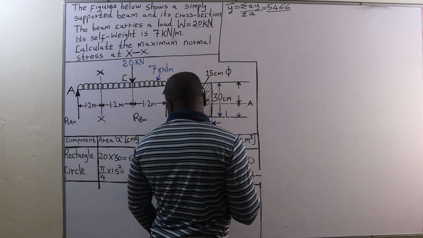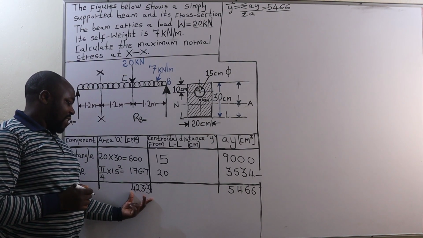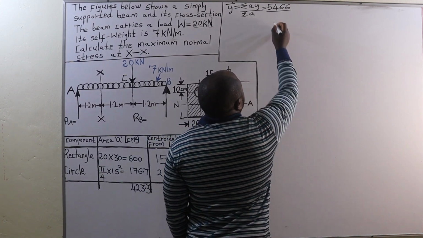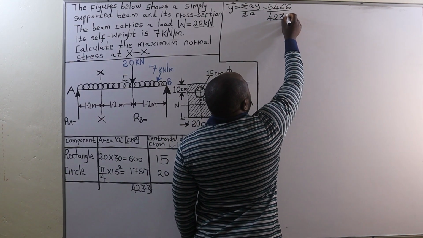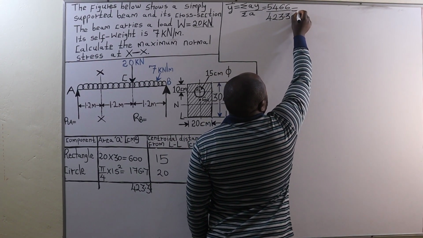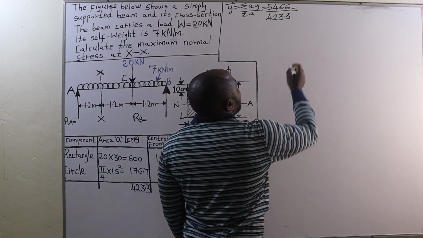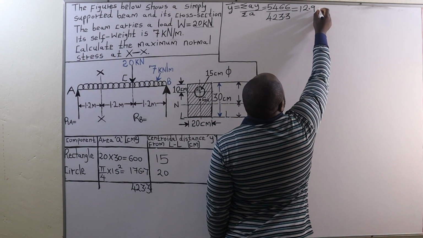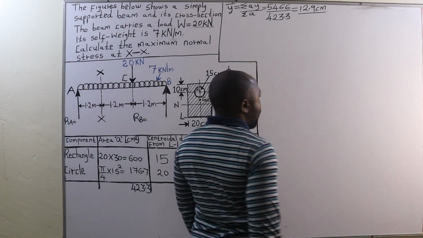Divide this by the summation of area, which in this case is 423.3. And when we divide the two, we are going to have 12.9 centimeters. Therefore, that is bar y.